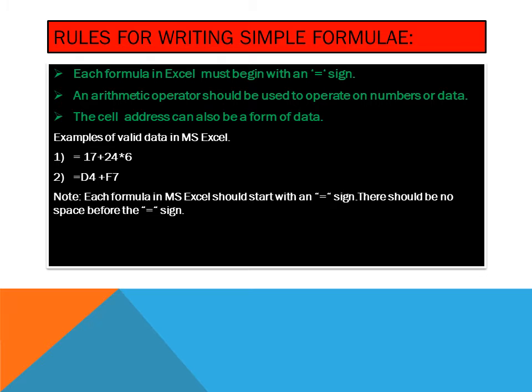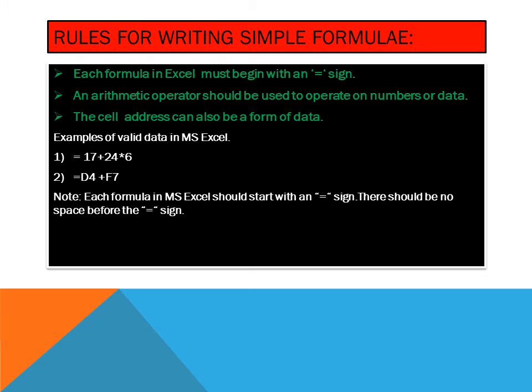Now examples of valid data in MS Excel: equal to, as point number 1 suggests, 17 plus 24 into 6. Then the second example is equal to D4 plus F7. Here D4 and F7 are the cell addresses.